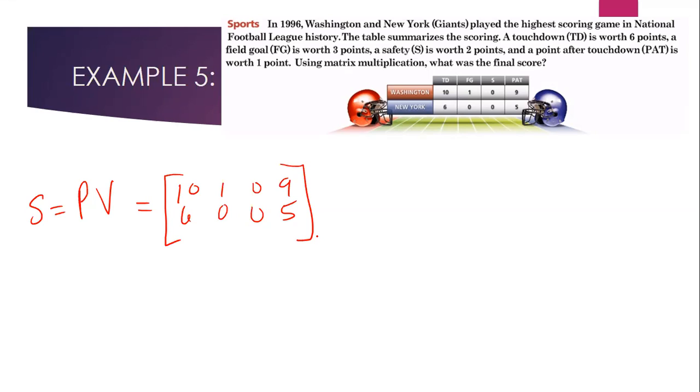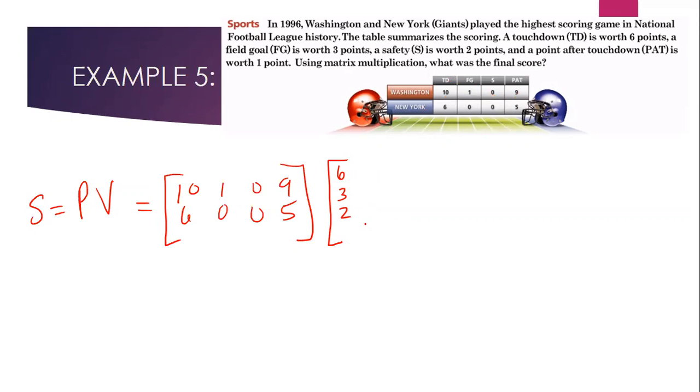My value matrix, in order for this to be multiplied, how many rows would need to be in my value matrix in order for me to multiply? It would have to be 4. And so I have 4 values, and I'm just going to write them vertically to make 4. So a touchdown is 6. A field goal is 3. A safety is 2.